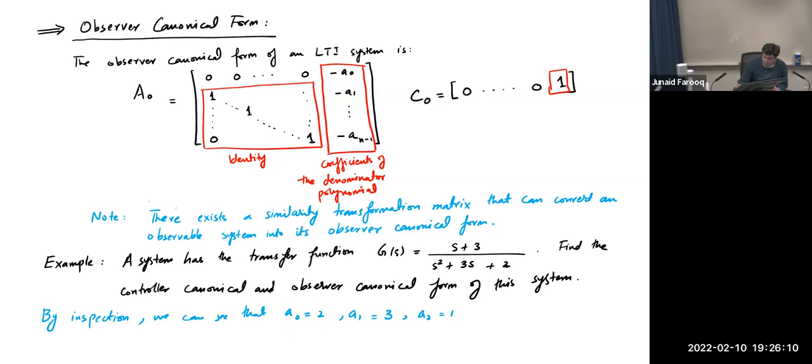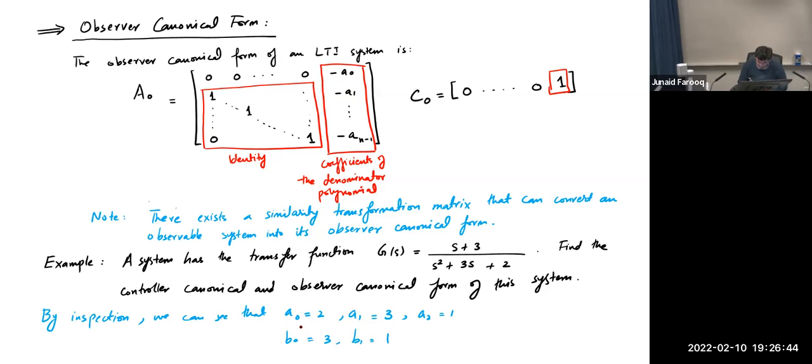If you remember the convention, that's going to be A2s squared plus A1s plus A0. And for the numerator it's similar. So we will have B1 is 1 and B0 is 3.